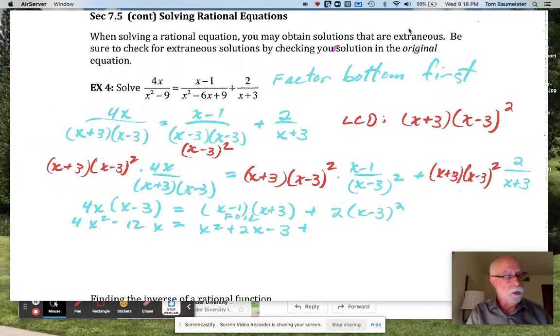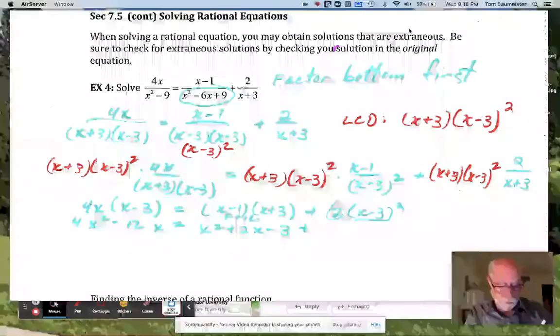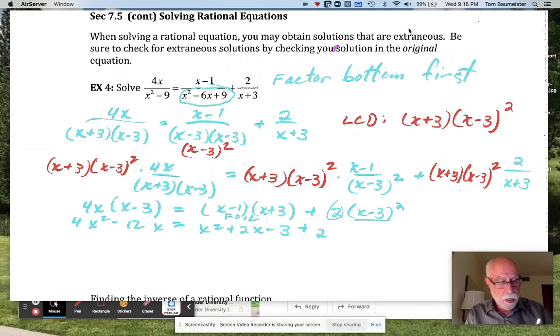And on this one here, I would take my 2, and since I had this x minus 3 squared, remember that was just up here. So we're going to multiply everything up there by 2. So if I do that, I'll get 2x squared minus 12x plus 18.